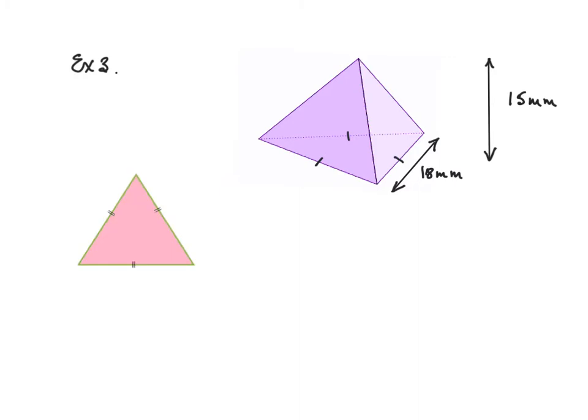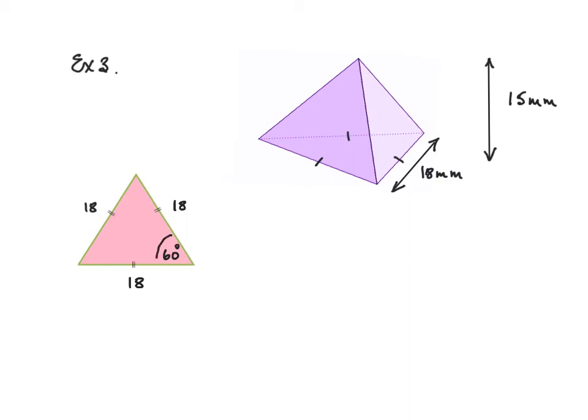What I've done here is I've got an equilateral triangle which represents the base, and we're going to have to work out the area of this triangle. Now, we know that this is 18, and this is 18, and this is 18. The area of a triangle, well, there are different things that we can do. Because it's an equilateral triangle, all 3 sides are the same, and all 3 angles are the same as well.